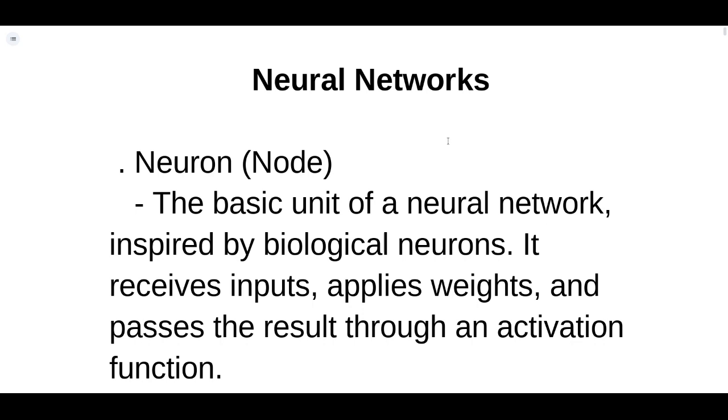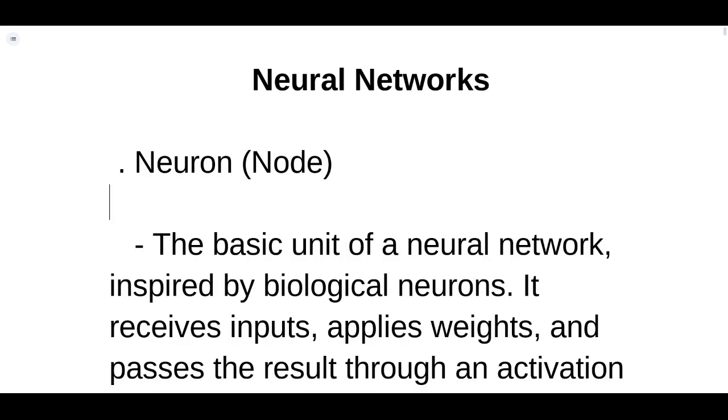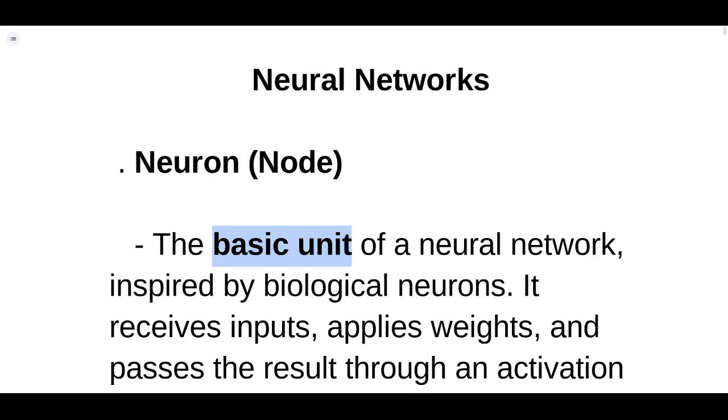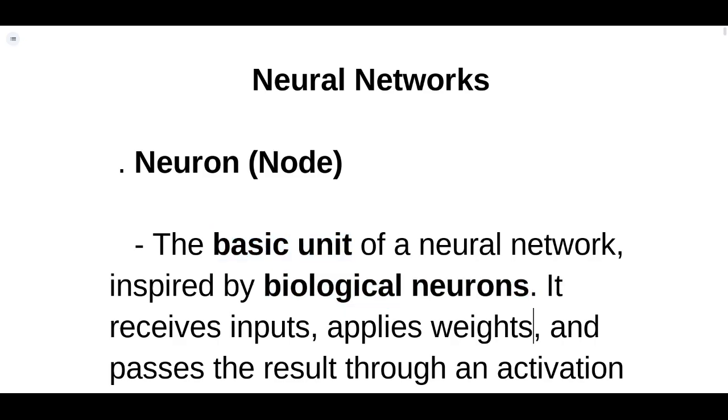So this lecture is about neural networks, some basic concepts of neural networks. So we'll have the neuron. The neuron, which is the node, is the basic unit of a neural network, and it is inspired by biological neurons.